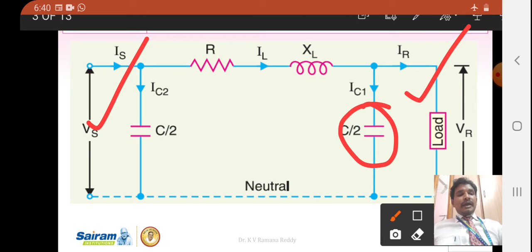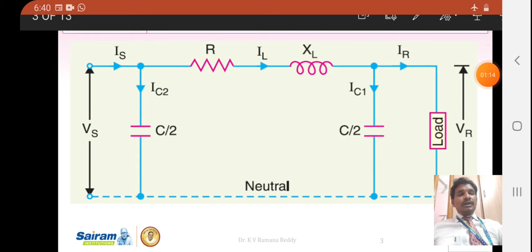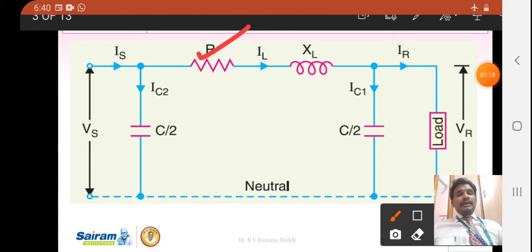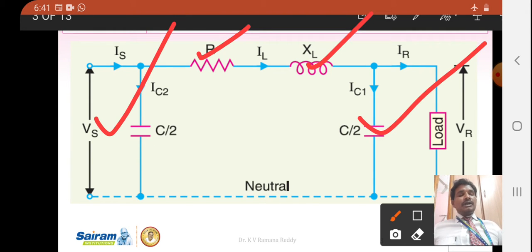In this circuit diagram, if you closely observe, R is the line resistance per unit centimeter of the conductor for a given length of the medium transmission line, and XL is the inductive reactance per unit centimeter of the conductor for a given length of the transmission line. So the total capacitance is divided into two half intervals, one at the sending end side and one at the receiving end side.